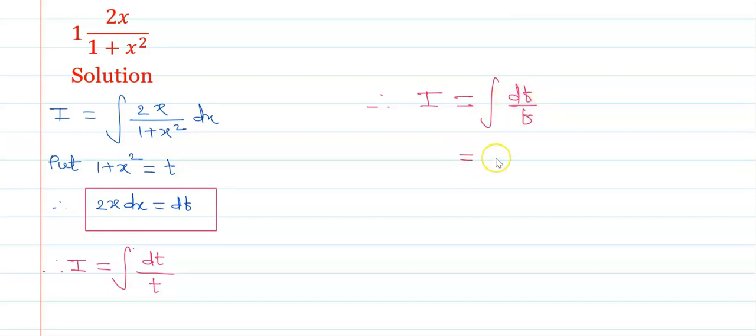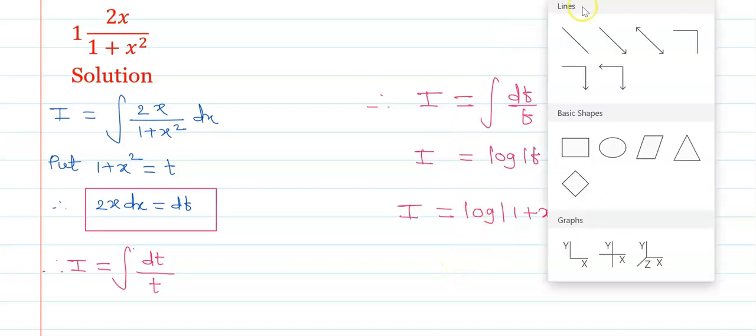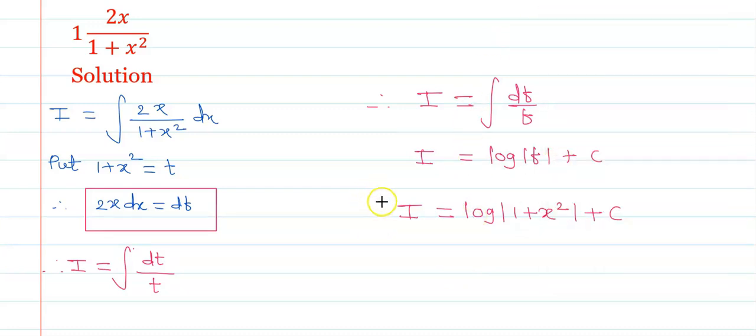Its integral is log of mod t plus c. Resubstituting the value of t, which is 1 plus x squared, we get log of mod of (1 plus x squared) plus c, and this is the answer.